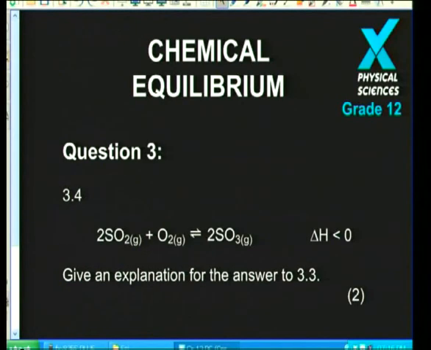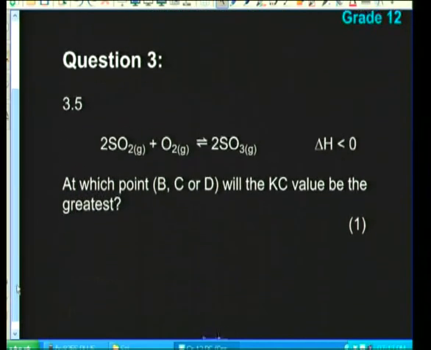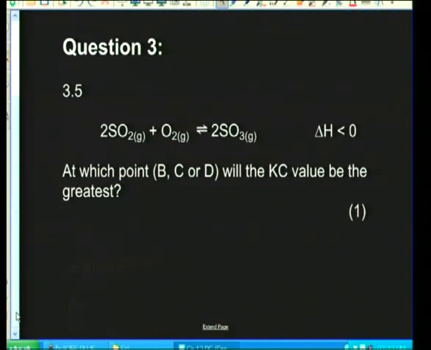Let's go along to the next question, 3.5. At which point B, C, or D will the Kc value be the greatest? Now, if we're considering Kc value, I'm always considering products over reactants concentration.